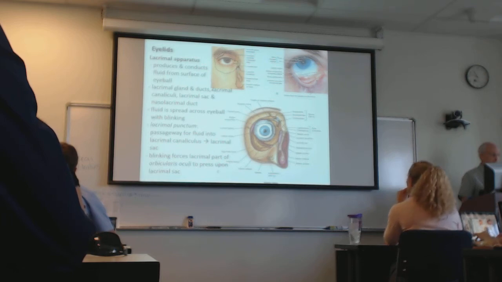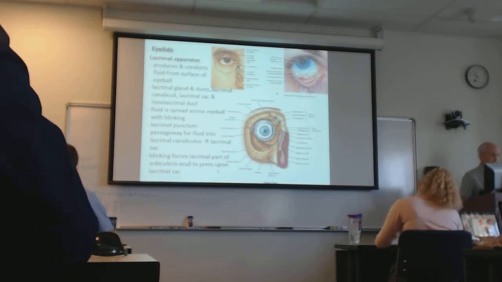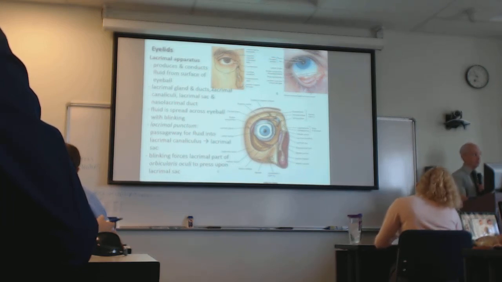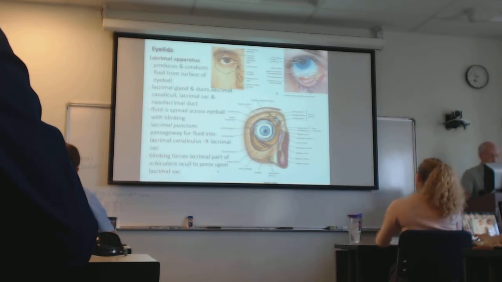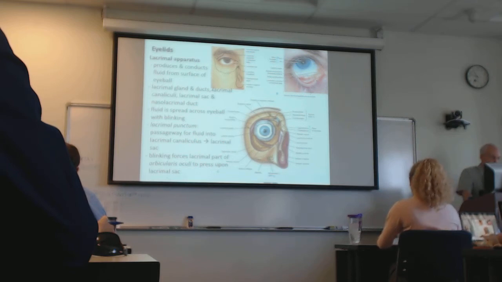This is called the lacrimal sac, the lacrimal canaliculi. And then you can see inferior to that, the canaliculus, is the nasolacrimal duct. And it's that nasolacrimal duct that goes into the nasal passageways. So the gland is up here, going to move across the eye.